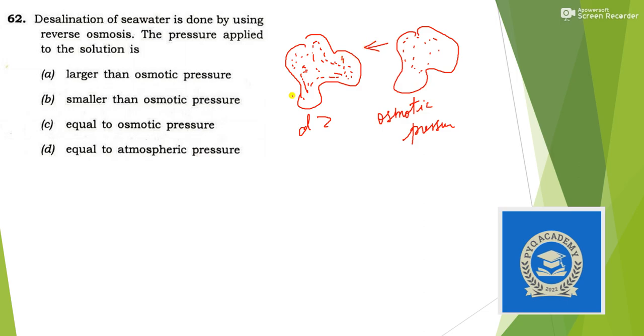Now if you have to reverse this process, you have to apply a pressure which is greater than osmotic pressure. Then, rather than the movement of water, the solutes will stay on this side and water will move to this side, and in this process it will separate water and solutes, and the water is pure.